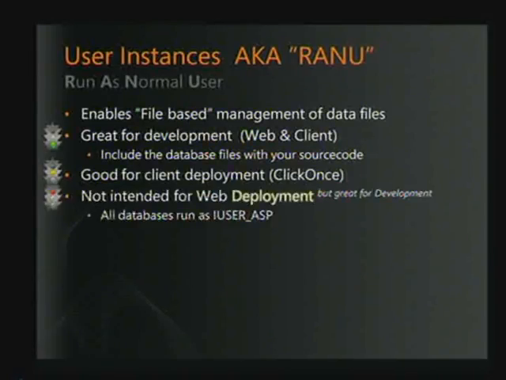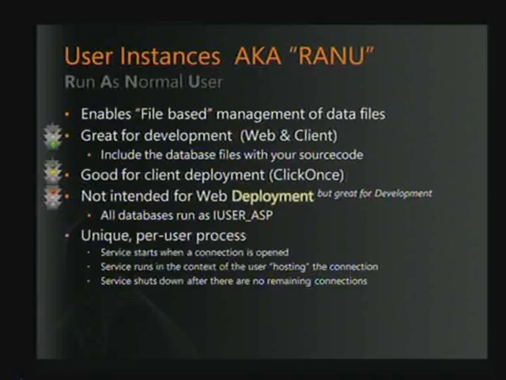The last was web deployment. Now this is one that we get a lot of confusion on. User instances, because they run as the user, run in the process space of the user that spun up the instance. If you're in a web project, that's the ASP account, right?